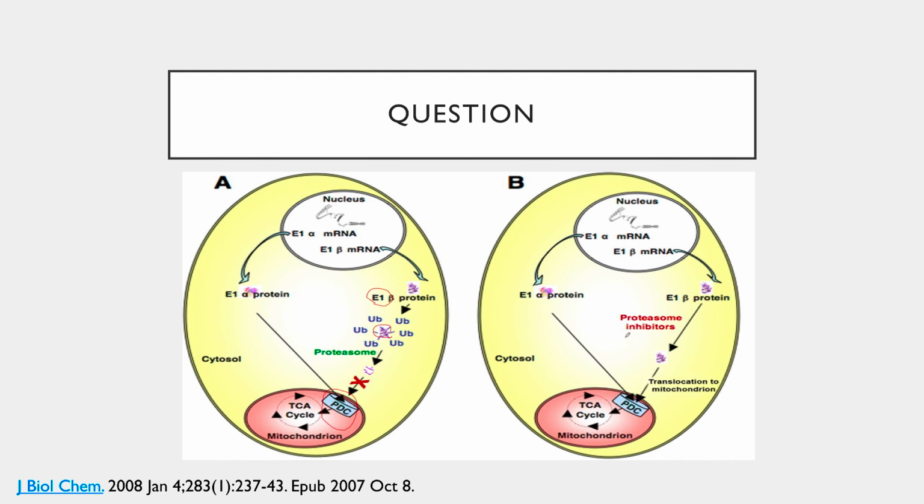This paper also showed that by the addition of a proteasome inhibitor, they were able to alleviate this problem such that the E1 subunit of the protein could then be translocated to the mitochondria and assemble with the rest of the enzyme subunits to generate a functional pyruvate dehydrogenase complex.